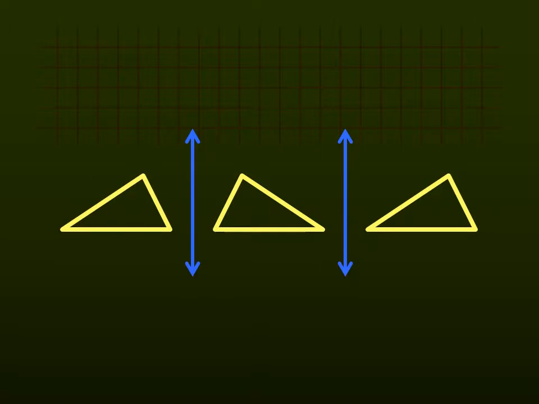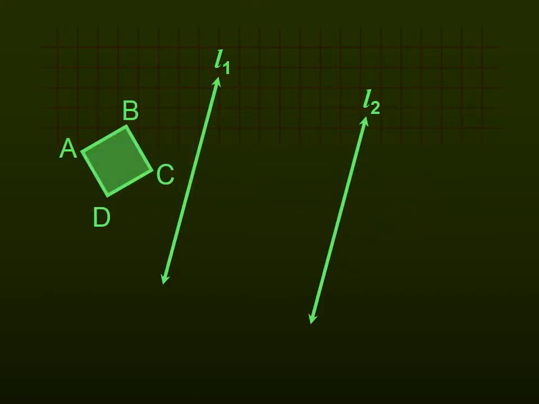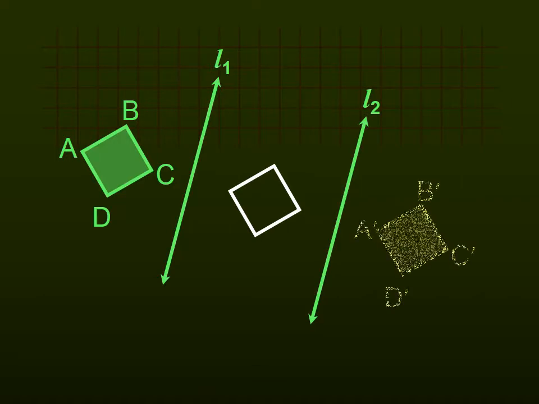And so we reflect it again, and here is our new image. Notice how it looks like we just took this image and slid it over. There we go. All right, so again, we have this pre-image, A, B, C, D. We're going to reflect it across line 1, reflect it again across line 2, which is parallel to line 1, and we get our new image, A prime, B prime, C prime, and D prime.